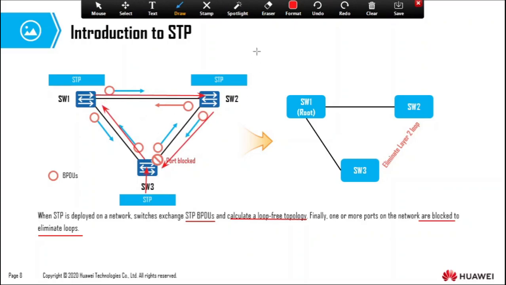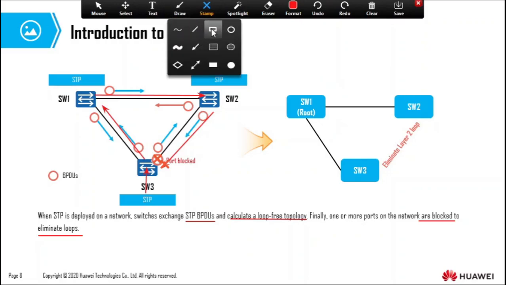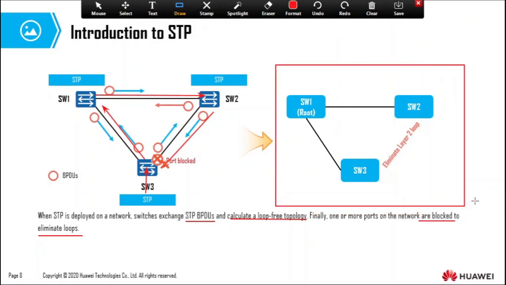So in order to avoid that loop, we might need to block a certain port, in this case this one, so that we don't have a loop anymore. So we are going to understand how that is done, why this switch is called a root, and how this port is blocked.